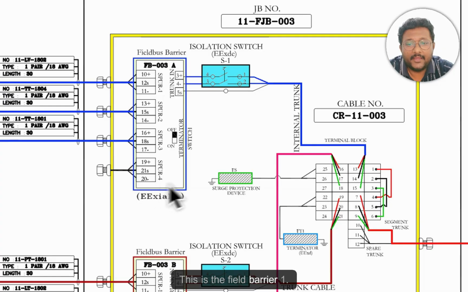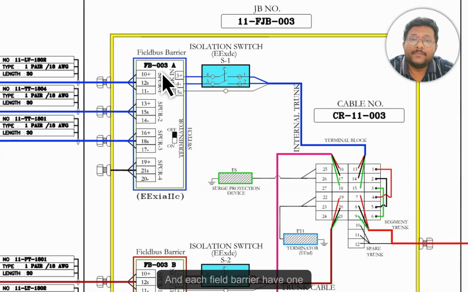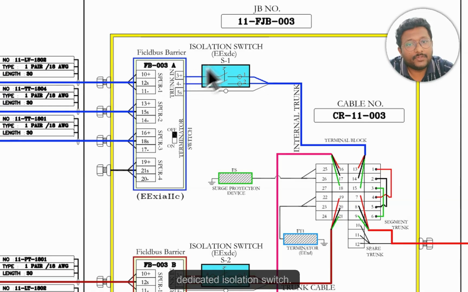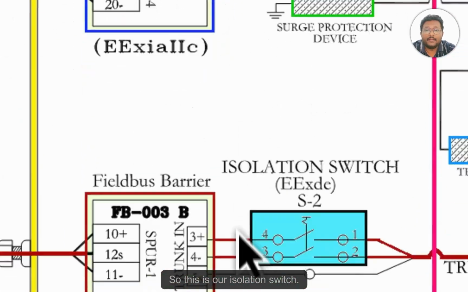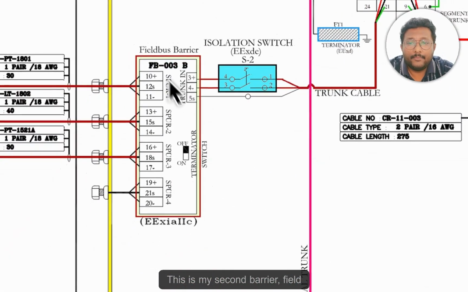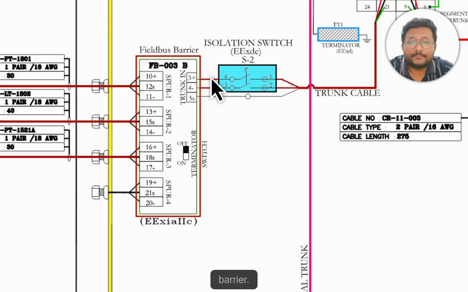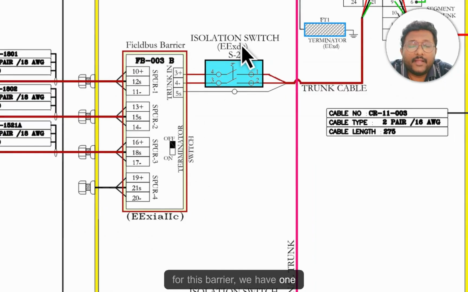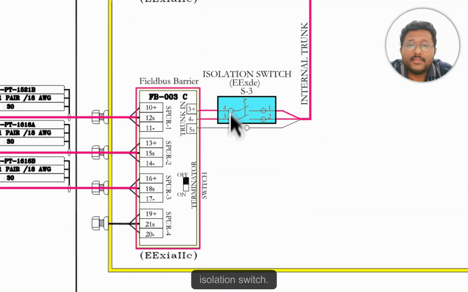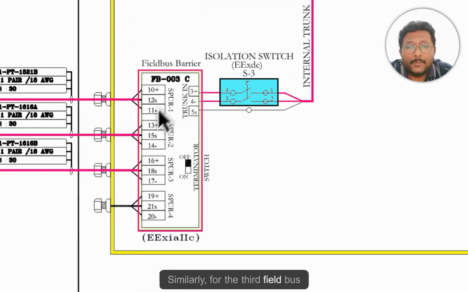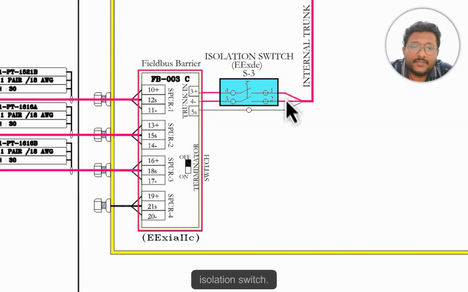This is field barrier 1, and each field barrier has one dedicated isolation switch. So this is our isolation switch, and this is my second field barrier. For this barrier, we have one isolation switch. Similarly, for the third field bus barrier, we have again one isolation switch.